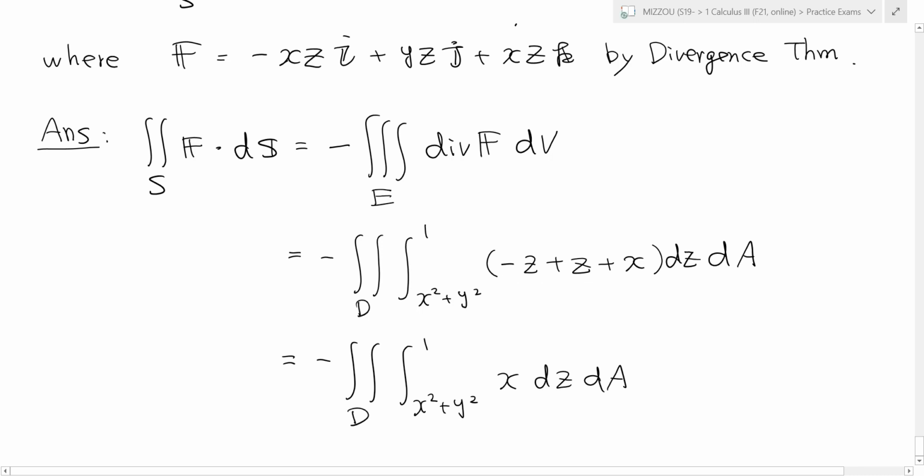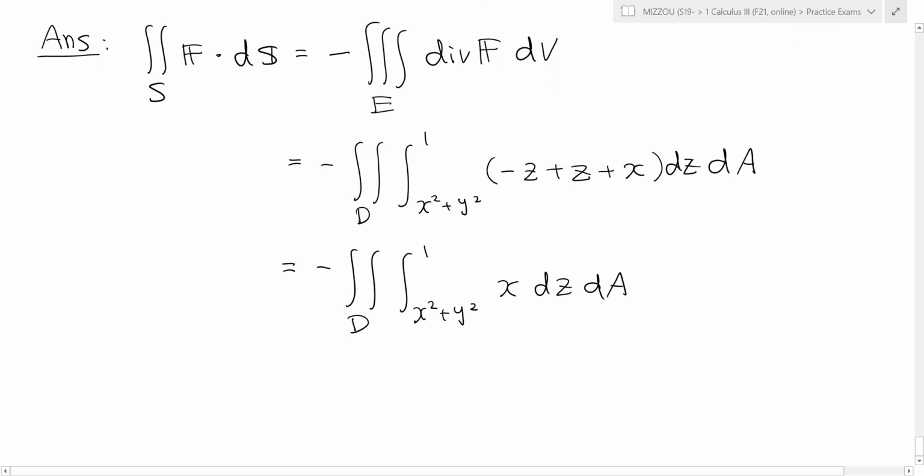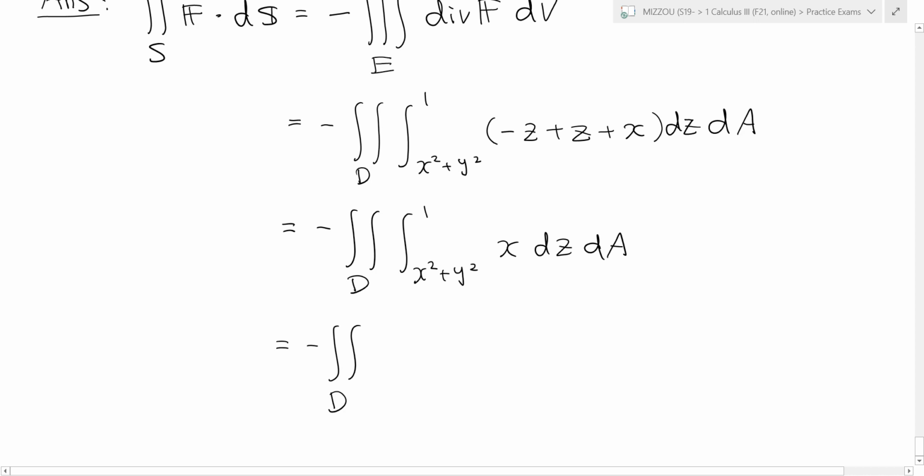Now let's figure out this part. Let's just take care of the innermost integral. Since this is x and the variable you integrate with is z, you get xz evaluated from x squared plus y squared to 1. Oops, this is negative.